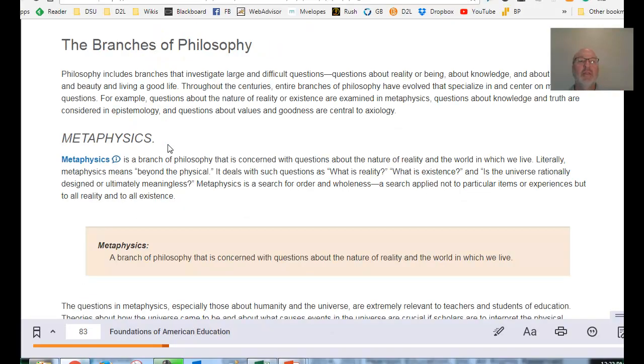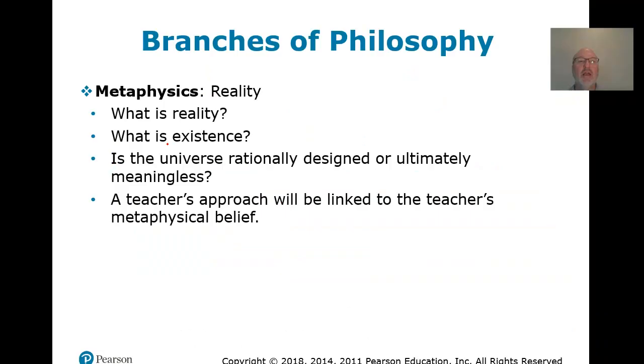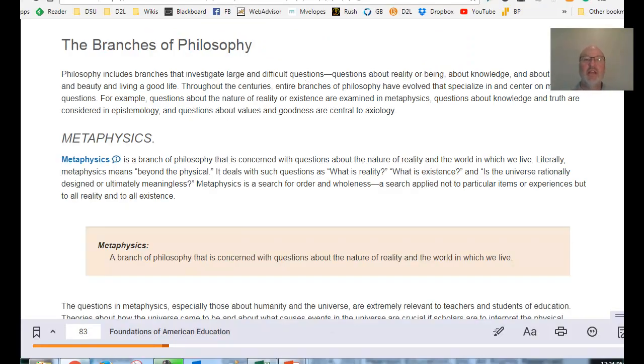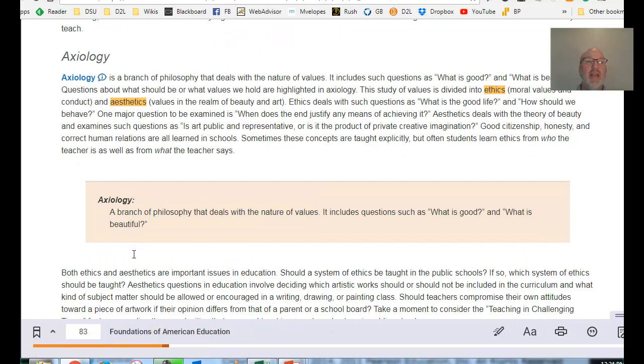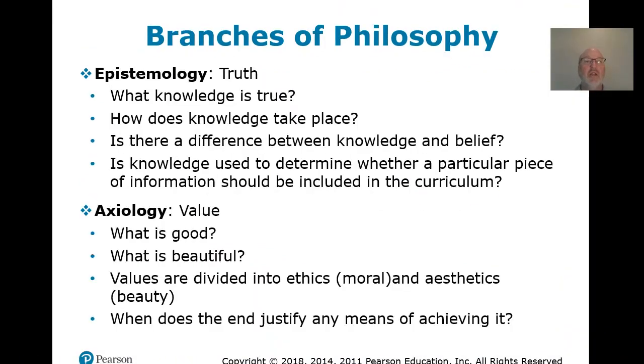What is reality? So what I think I'm going to do is have, this will be our number 1 here. And for each of these, leave this here, but bring in this from page 83 right here. Okay, so a little branch, and do that for each of these, epistemology and axiology, and you'll see them right here.